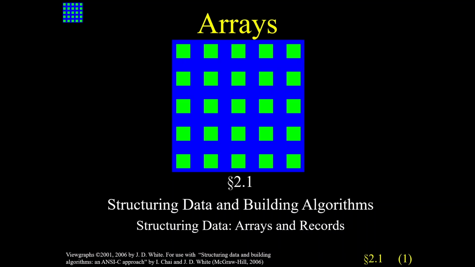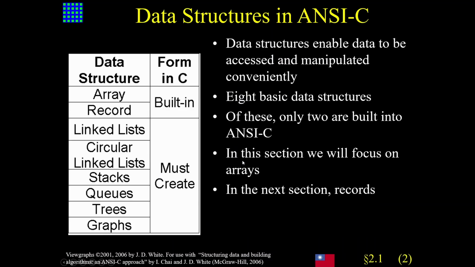All right. Okay, so we're moving on to the idea of arrays. So if we want to look at it in context, first of all, data structures. So we're starting to talk now more about data structures. In C, we have a lot of different data structures.